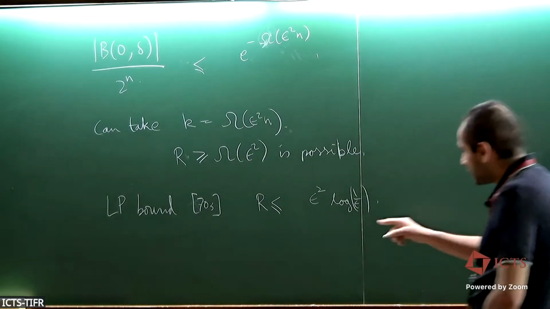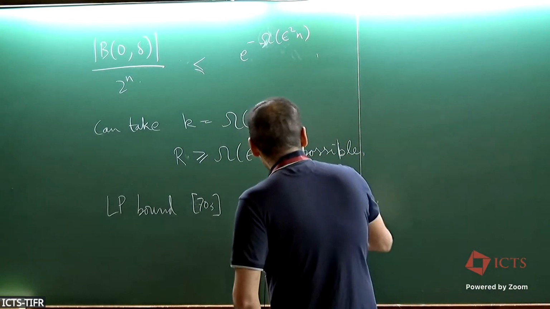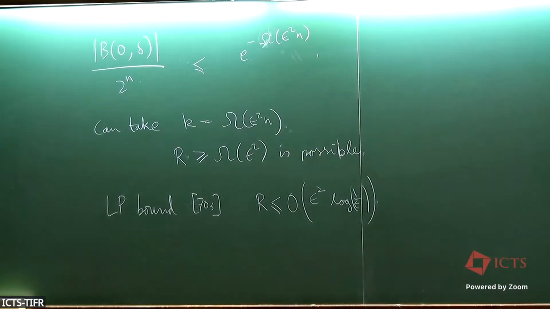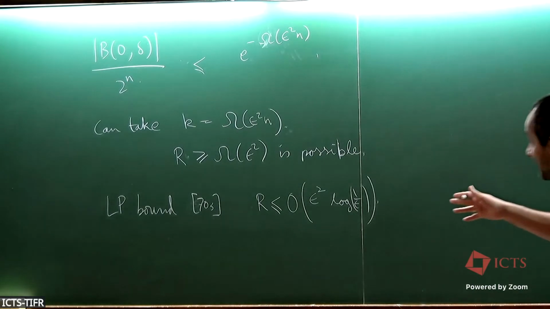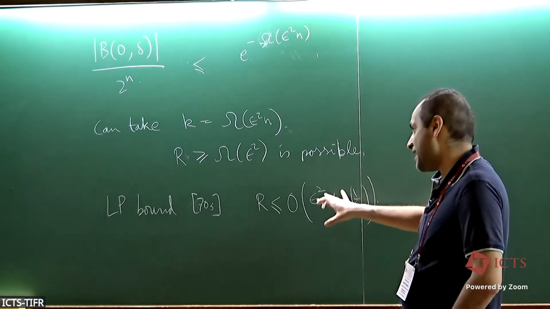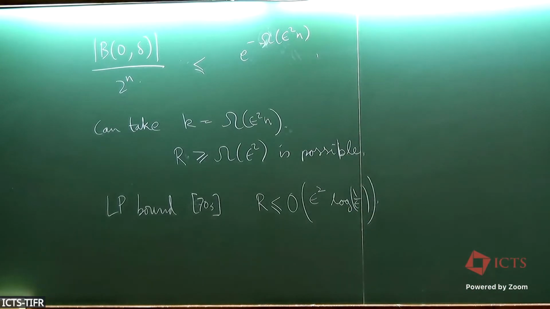And they also got it with the exact constant, but I will write this. But even getting this kind of behavior, even without the constant, was first done by the LP bound.